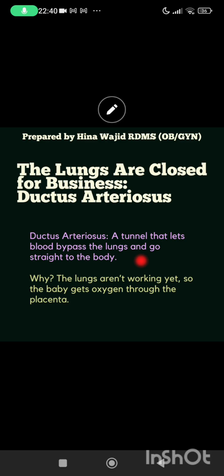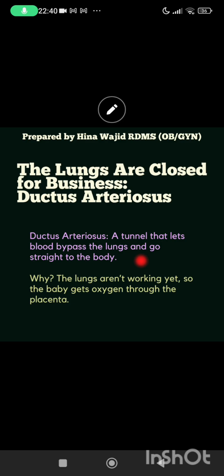The majority of the blood directly moves to the left atrium, and from the left atrium, left ventricle, it is supplied to the whole body. And the remaining blood which goes to the right ventricle has to bypass the lungs.